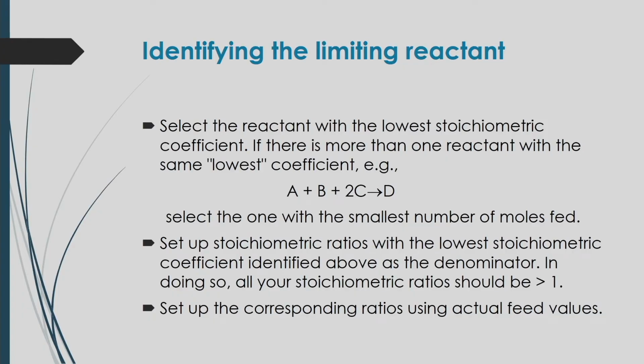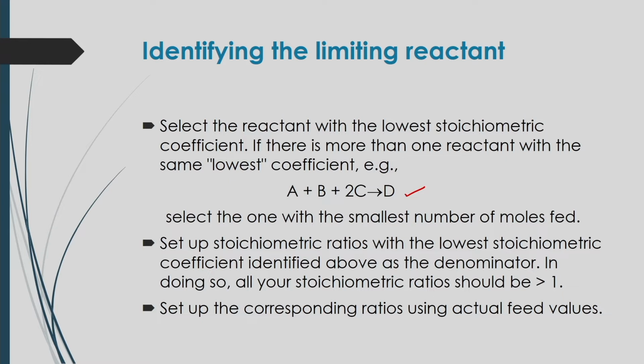First of all, you have to select the reactant with the lowest stoichiometric coefficient in a particular reaction, and if there is more than one reactant with the same lowest coefficient, as in the example given here in this slide, then you have to select the one with the smallest number of moles fed. After that, you have to set up the stoichiometric ratios with the lowest stoichiometric coefficient identified as the denominator, and in doing so all your stoichiometric ratios should be greater than 1.